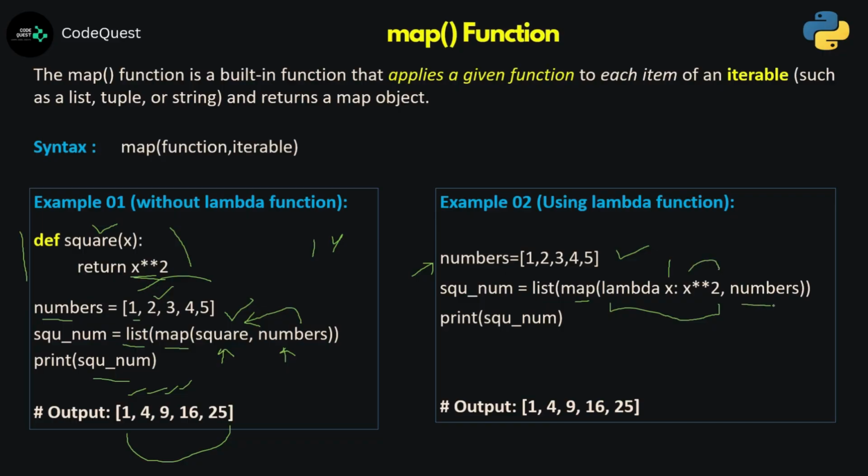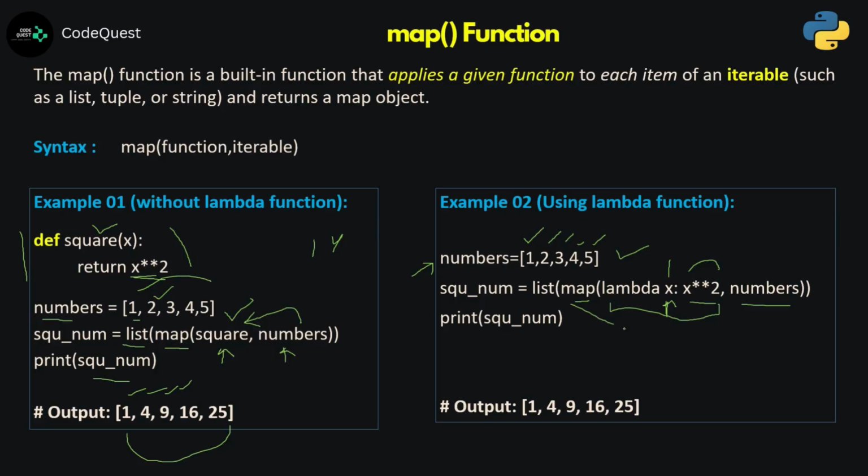The second argument is numbers, which is the sequence or the iterable. Once again, each of these values from numbers is taken and supplied to x, and on x it calculates the square. So 1 square, 2 square, 3 square, 4 square and 5 square are calculated and returned.